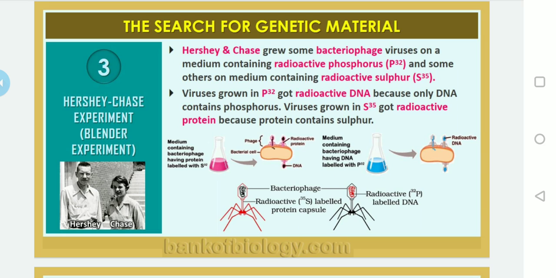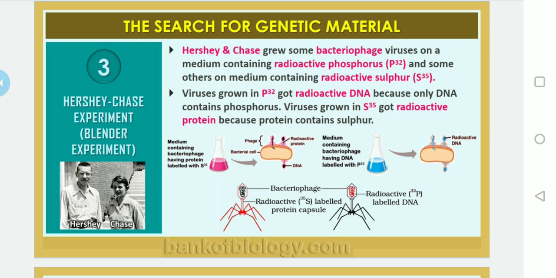The viruses grown in phosphorus 32 got radioactive DNA because only DNA contains phosphorus, isn't it? When we discussed the components of DNA, I told you that the phosphate group is present. Do you remember? Yes. And the virus grown in sulfur 35 got radioactive proteins because proteins contain sulfur.